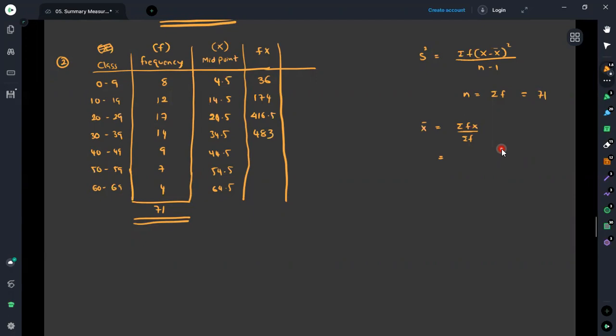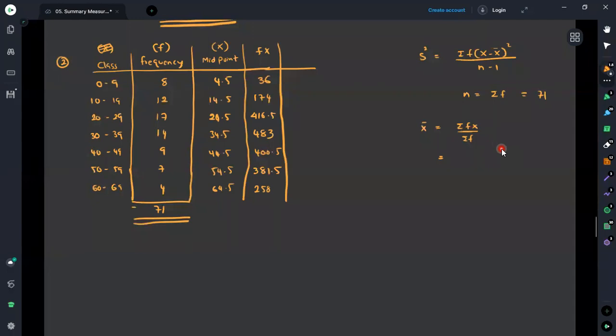Then 9 into 44.5, which is 400.5. Then 7 into 54.5, which is 381.5. Then 4 into 64.5, which is 258. Now we need to take their summation.